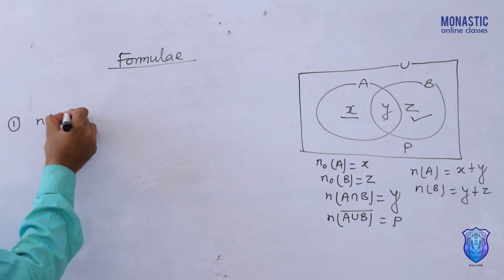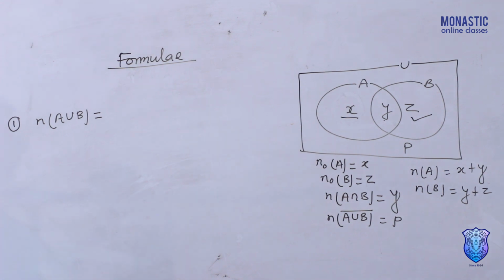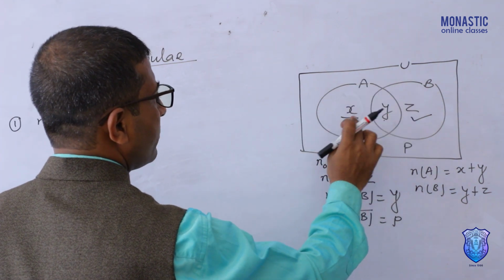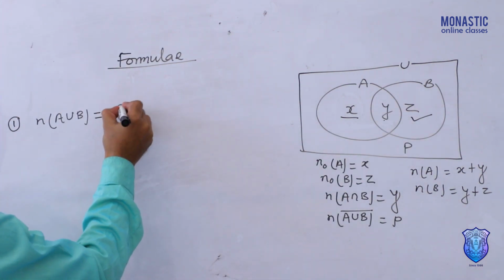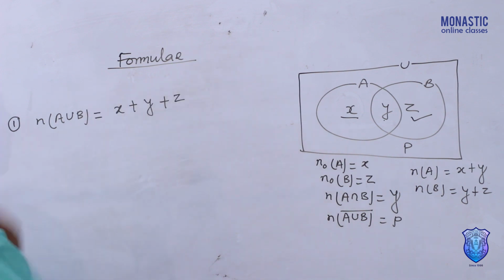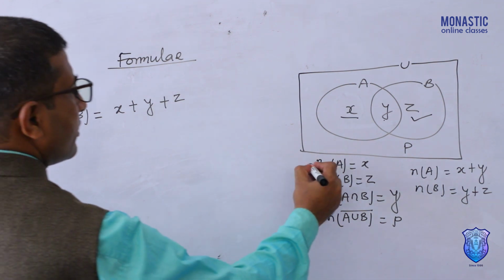We have to write the formula of number of A union B. From the Venn diagram, in A and B, what are the numbers there? They are X plus Y plus Z. So what does X represent?